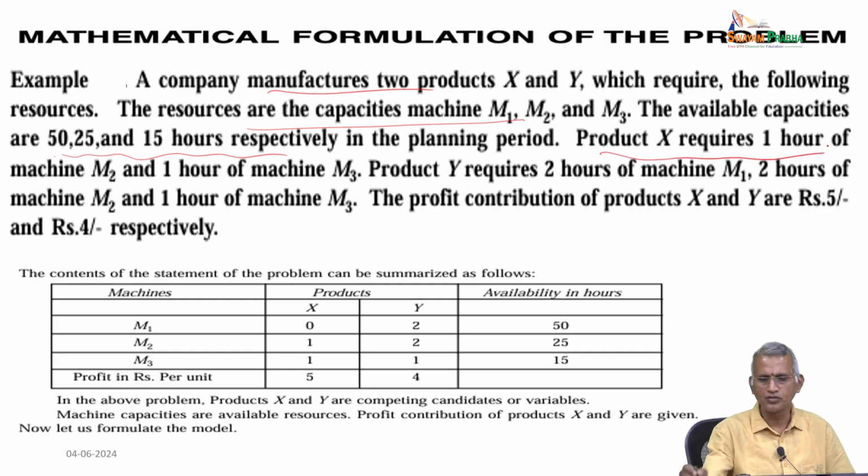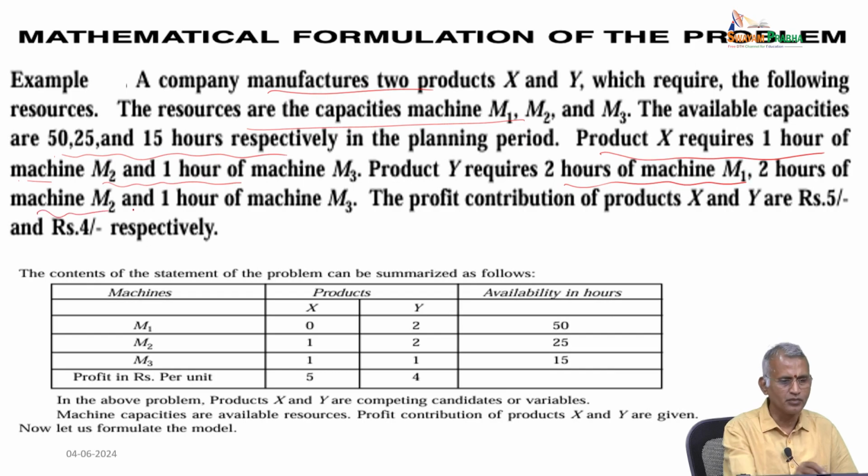Product X requires 1 hour of machine M2 and 1 hour of machine M3, and product Y requires 2 hours of machine M1, 2 hours of machine M2 and 1 hour of M3, and the profit contributions of products X and Y are 5 and 4 respectively.